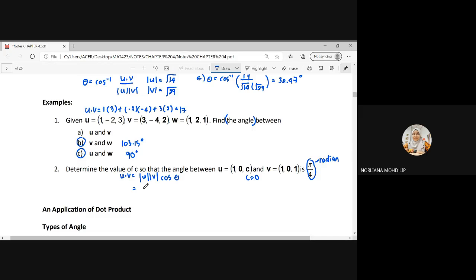And solve this with magnitude of U and magnitude of V. We get C equal to 0.